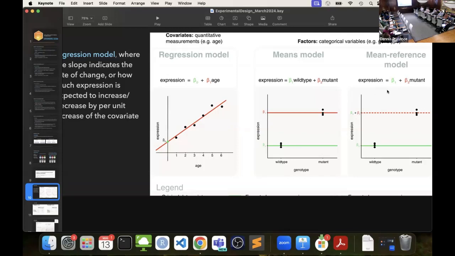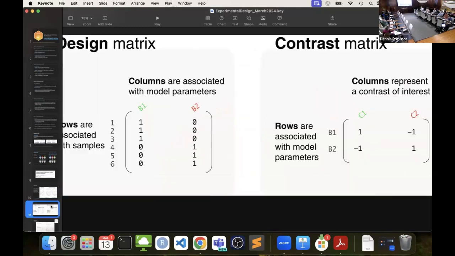In R, if you're not careful, it will change your groups into alphanumeric order. So it may not be control; it will be whatever, treatment A versus control. You don't really know the order if you don't set that correctly. So I prefer the means model. I can clearly define what my groups are, tell it which comparisons I want, and run all the statistical information.